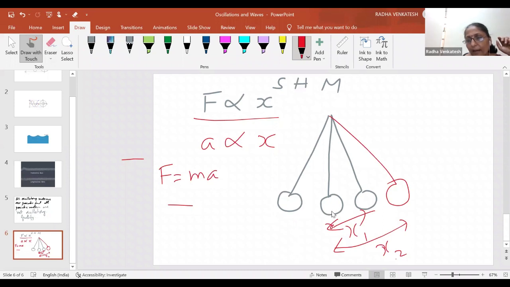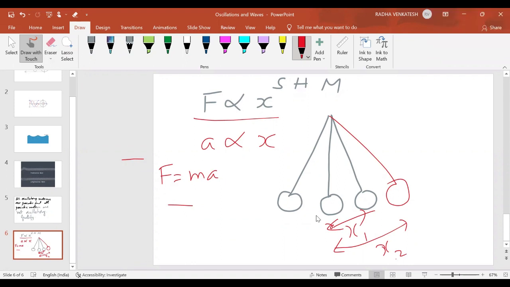So if it is coming back, there should be some force that is bringing it back. Otherwise, it cannot come back, right? Yes, ma'am, restoring force. Exactly. So here we start talking about restoring force. Now if the applied force is proportional to x, the greater force that you apply to cause a greater displacement, the restoring force also is proportional to x, because only then it can bring it back.